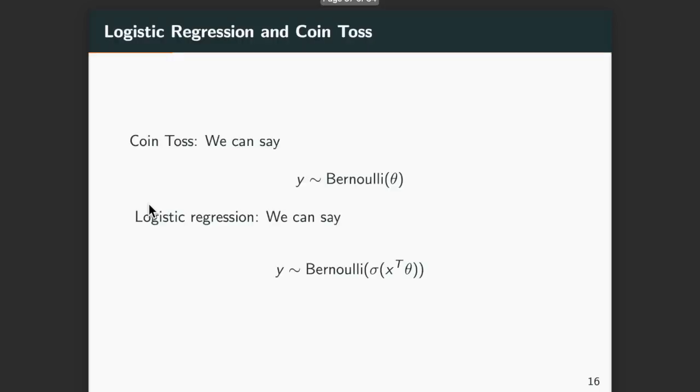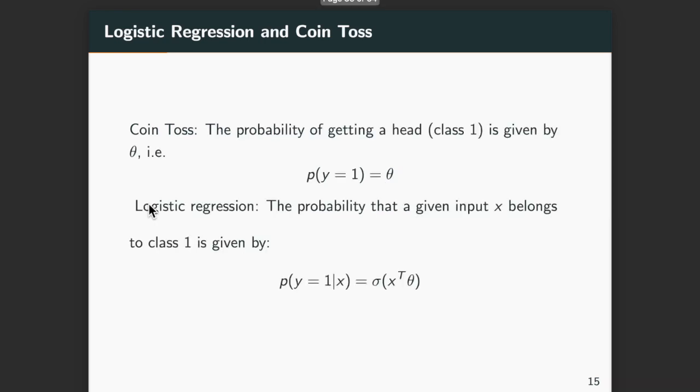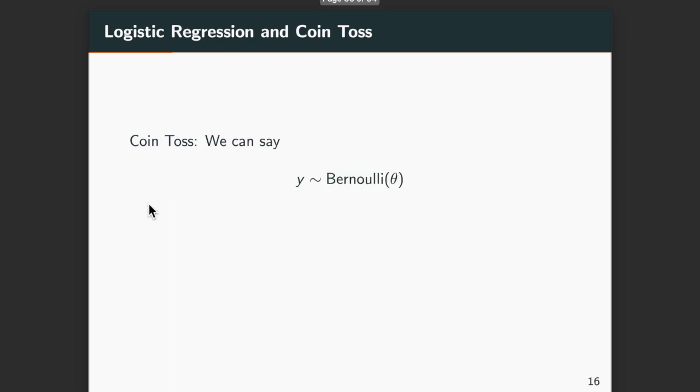So why would we say that y given x is Bernoulli distributed? We say the random variable y is distributed as per a distribution. That's the convention, and equivalently you can say P of y equal to 1 equals theta, and you're making the assumption that it's coming from the Bernoulli distribution.